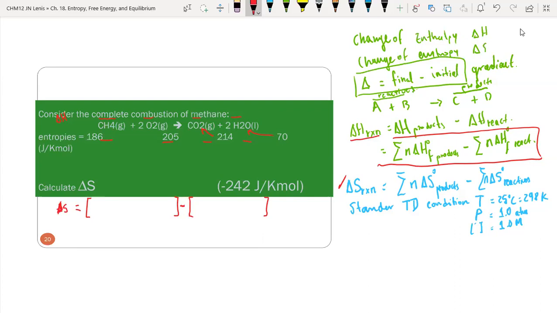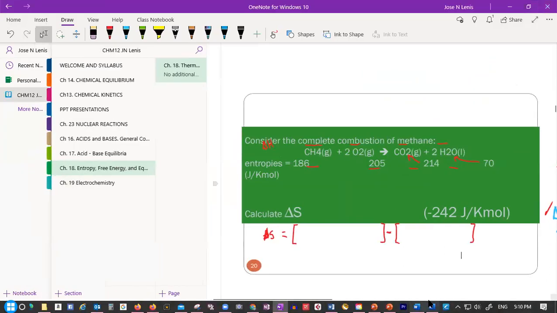Products minus reactives. That's final minus initial. And you need to make sure what are the signs of these values. Let me see if on my table I have one of those to show you.